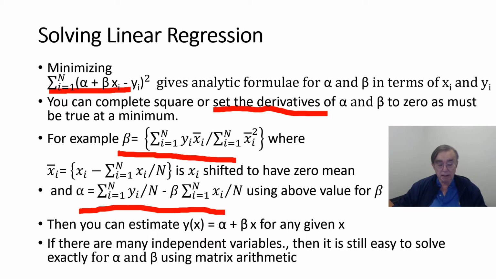And given you have alpha and beta in terms of the observations, y sub i, and the labeling parameters x sub i, then you can actually do an estimate or an inference of the value of y for any given x that comes along later. Even when you have lots of independent variables x, you can still solve for alpha and beta using matrix arithmetic.